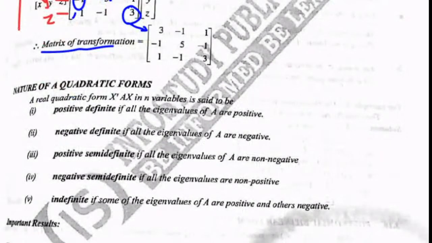We have seen in the previous classes, in types of matrices, that in terms of eigenvalues, if it is a positive definite matrix, we know that lambda is greater than 0. So here, nature of quadratic form.